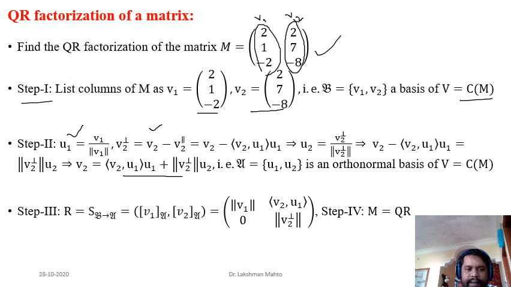And in step 3 you have to find the upper triangular matrix R as a change of basis matrix from the old basis B, having basis elements v1 and v2, to the new basis having basis elements u1 and u2. In order to do that you will get that R is an upper triangular matrix having these entries, and the last step is to represent the given matrix M as a product of Q and R. So this one was the algorithm.